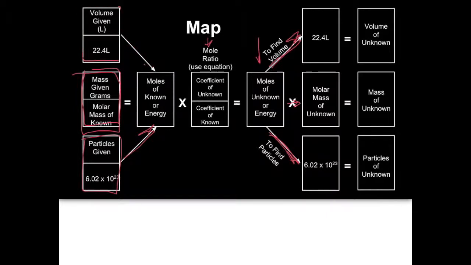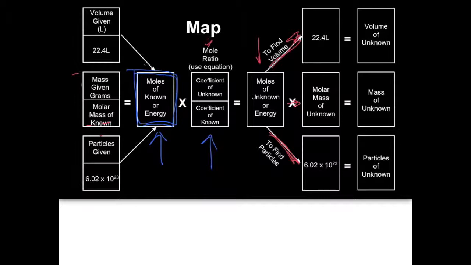The other differences would be if you're given moles or you're given energy, you could start in the second box. You don't need any of these boxes on this side. If you're given moles or you're given energy, you start here and you plug in the number. You're given the number of moles, or the number of kilojoules of energy, you put those in here. And the difference here is to remember that if you're working with energy, one of your coefficients is going to be the number of kilojoules that's in the equation.